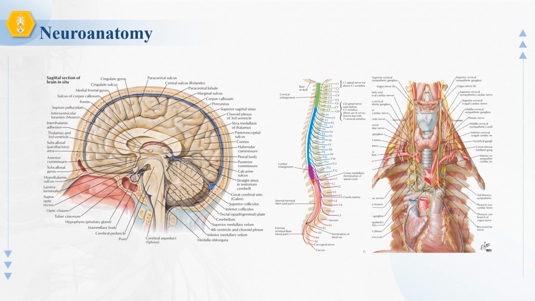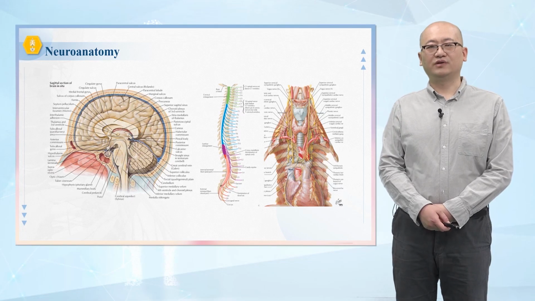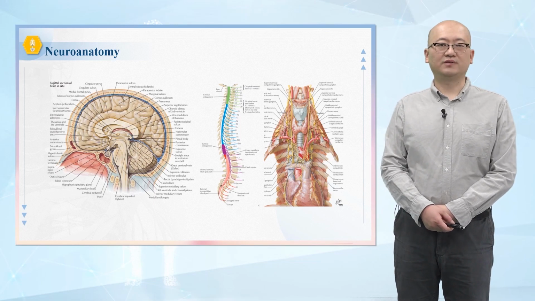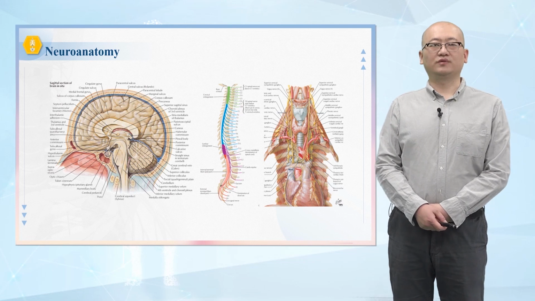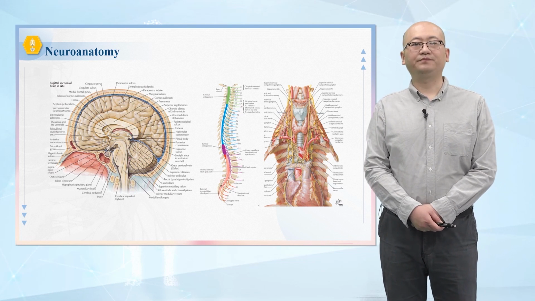It is further divided into the somatic and autonomic nervous systems. The somatic nervous system is made up of afferent neurons that convey sensory information from the sensory organs to the spinal cord, and efferent neurons that carry motor instructions to the muscles.